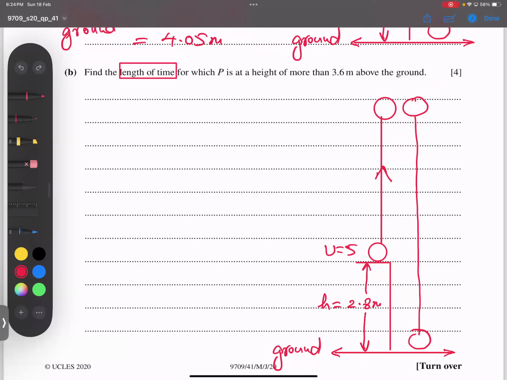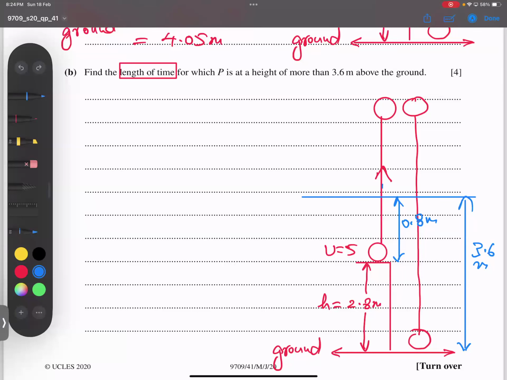Let's see, I make a blue line here. From the ground to this line is 3.6 meters. From 3.6 meters, subtract 2.8 meters, so this height naturally becomes 0.8 meters. A small idea: the particle starts from here and moves.